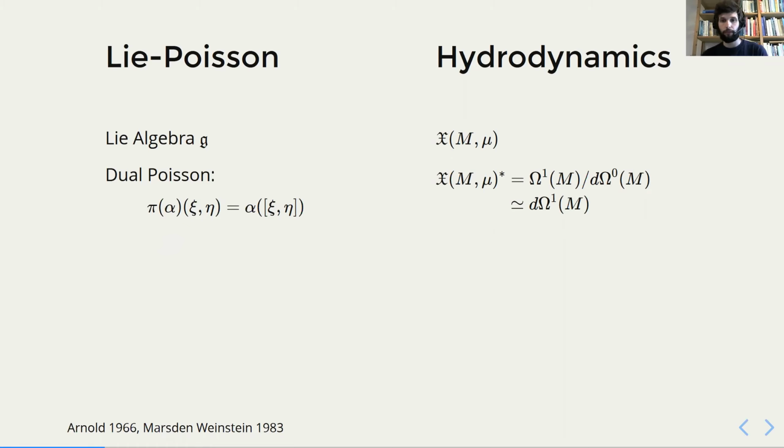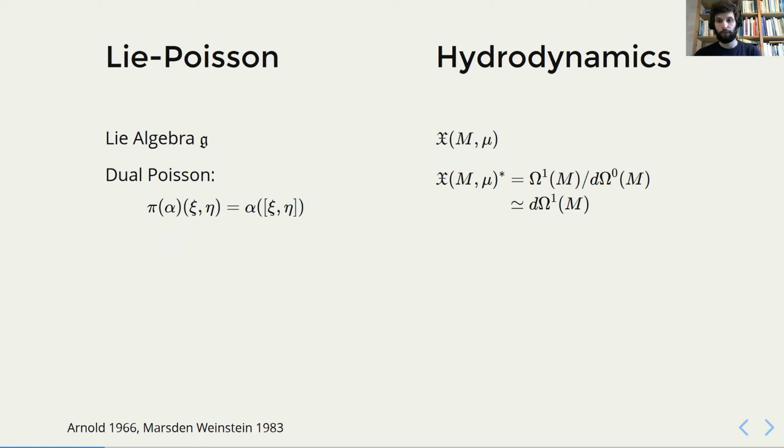Because our vector fields have vanishing divergence, this pairing is degenerate and vanishes if you plug in exact one-forms, so you can identify the regular dual with the one-forms modulo the exact ones.